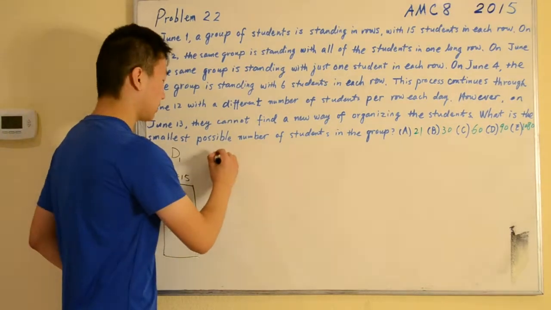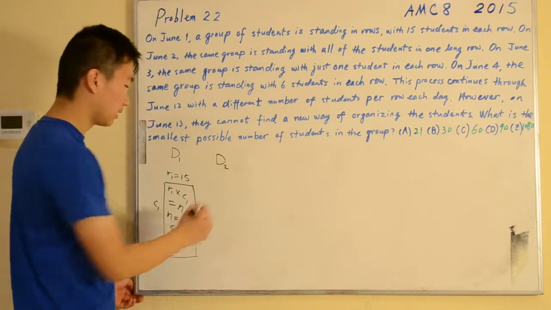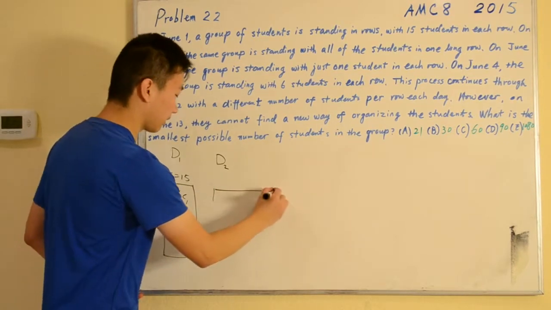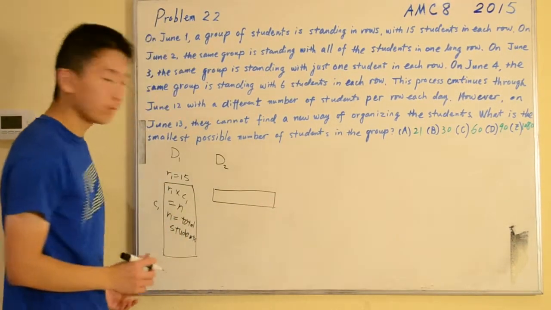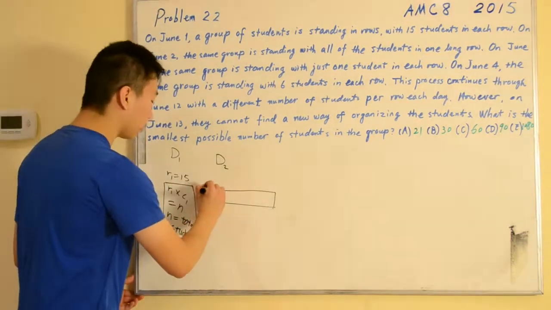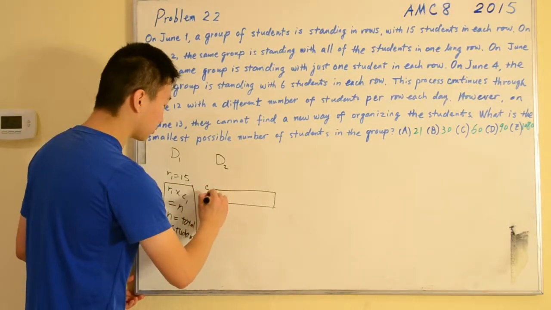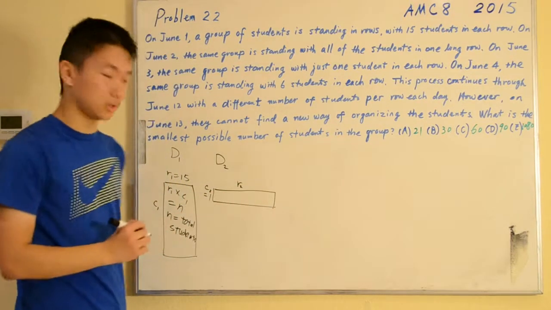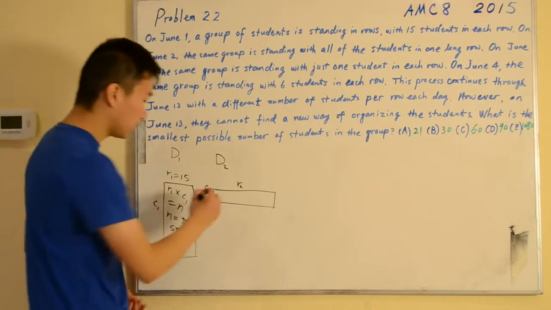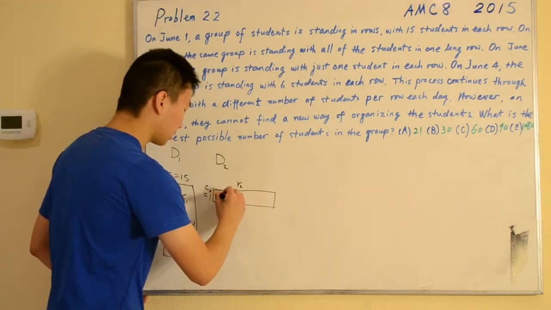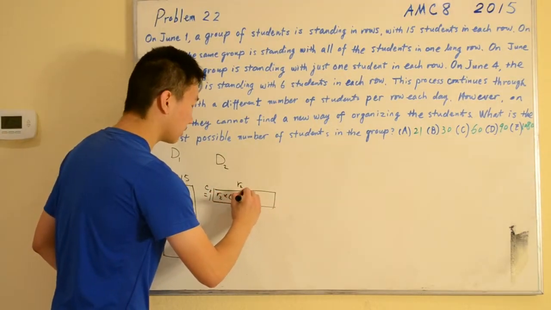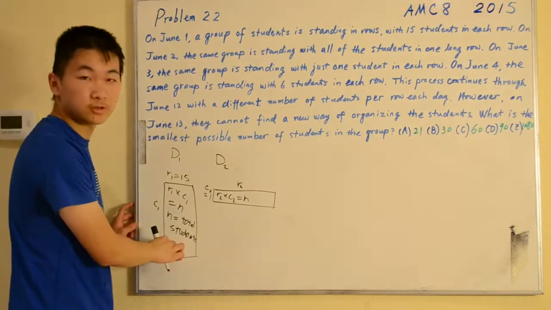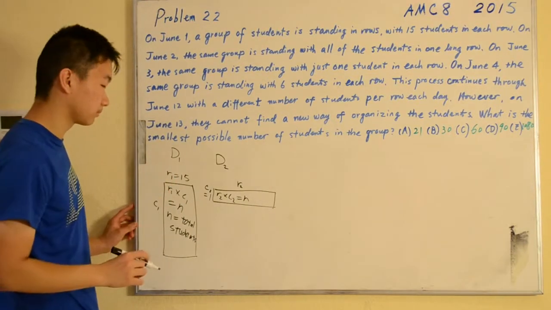On the second day, the formation now looks something like this. We know that there is exactly one row, so C2 equals 1, but we do not know what R2 is. What we do know is that R2 times C2 equals the same total number of students as on day 1.